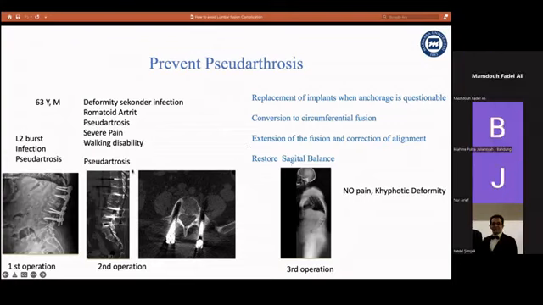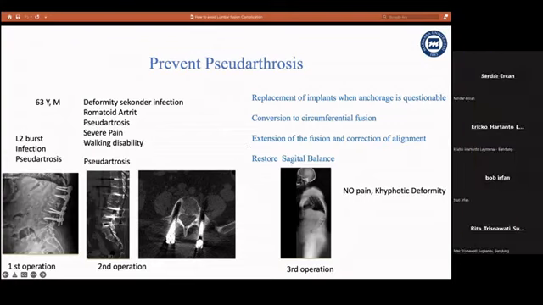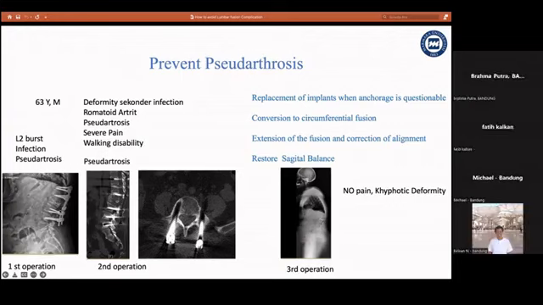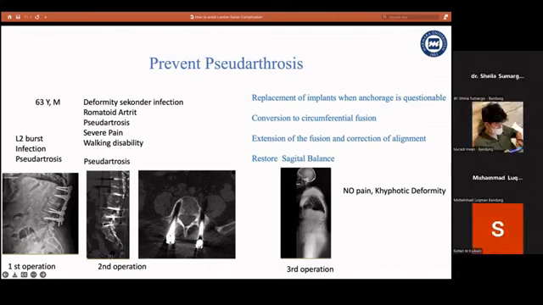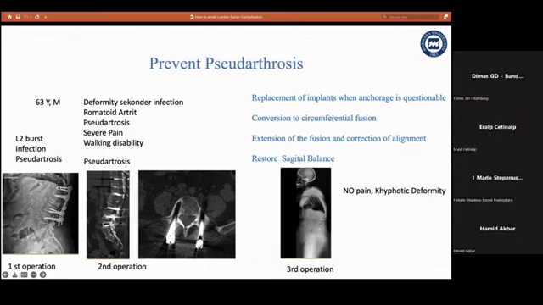For example, this patient had an L2 burst fracture and was operated on like that, but she has a kyphosis here. This is an unbalanced spine.